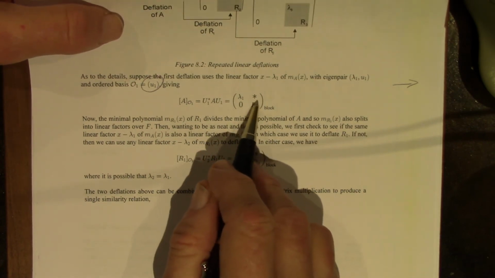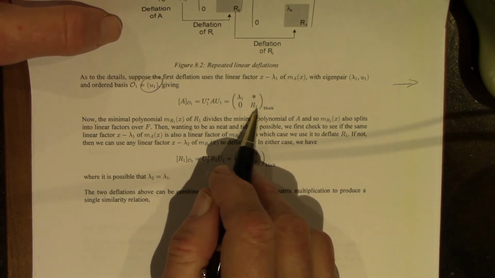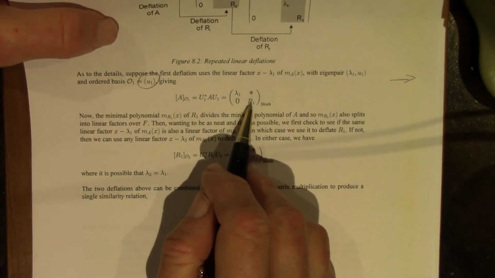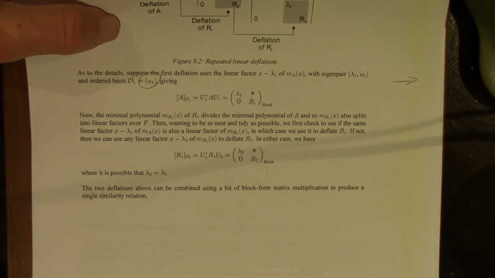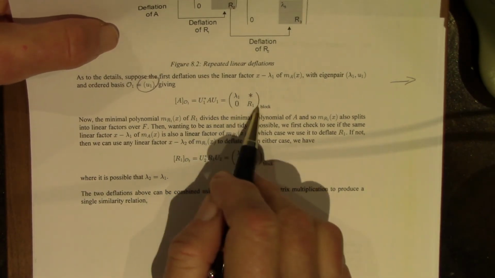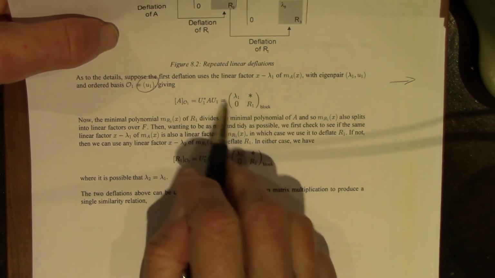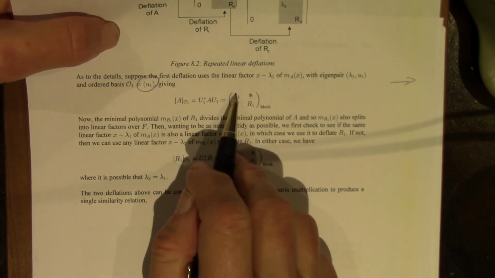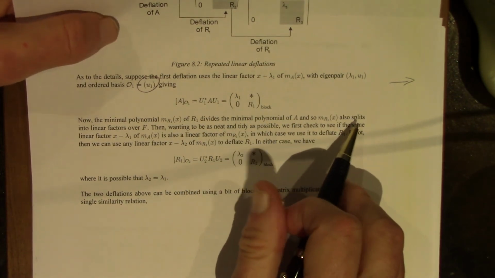The first residual matrix is a submatrix of the whole matrix A. Its minimal polynomial divides the minimal polynomial of A. We had a theorem to the effect that when you have a block upper triangular matrix, the minimal polynomial of each block divides the minimal polynomial of the whole matrix.